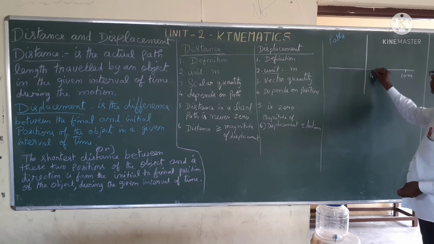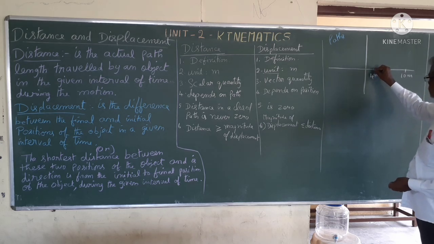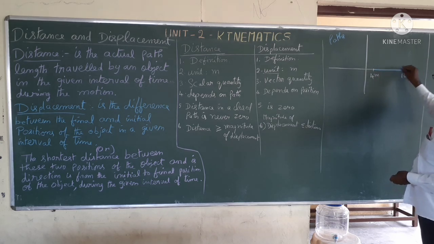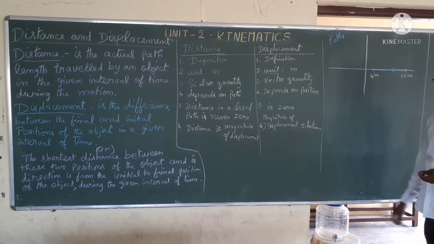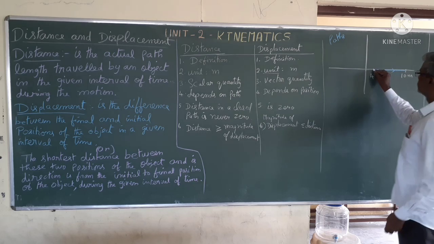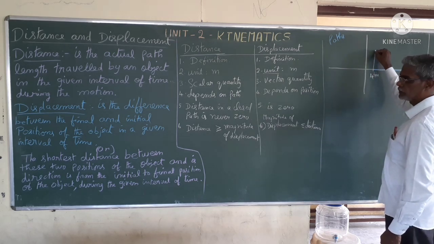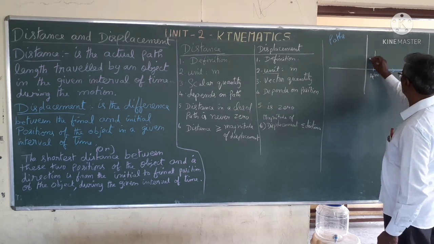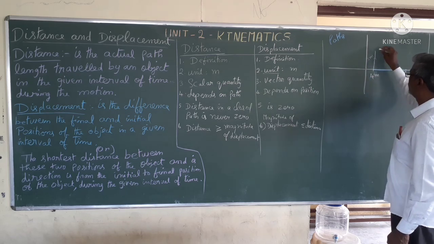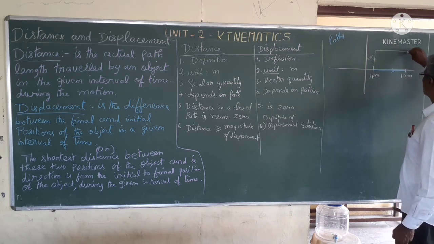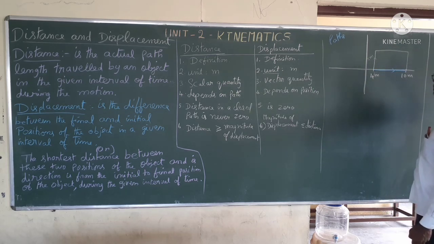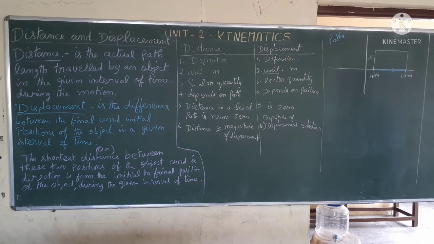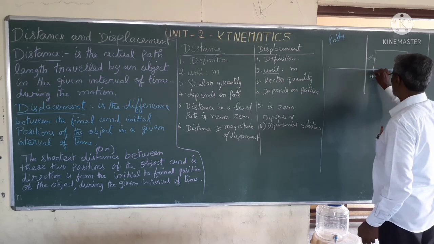One, I can move from the initial position 10 meters in this direction. Or I can go from here, for example 2 meters, then turn and come back to the final position. This is another path.